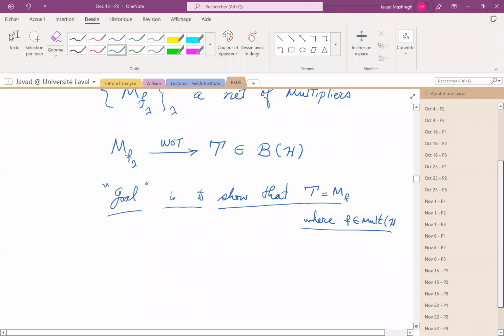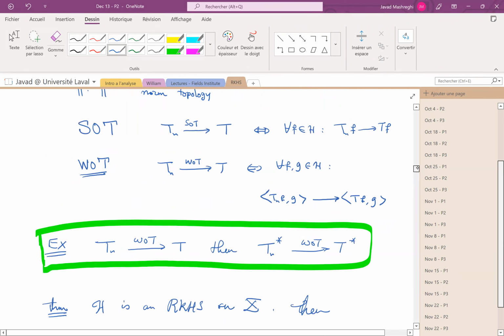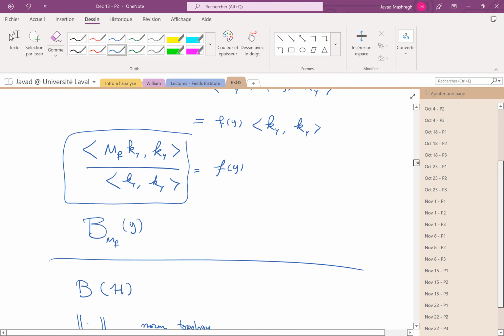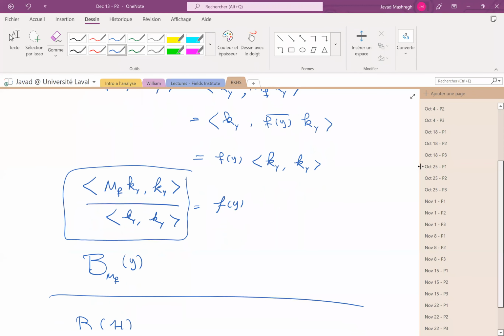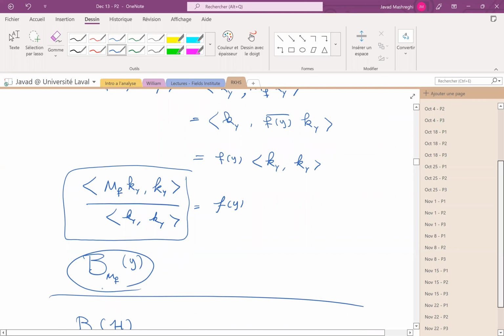So we need a candidate for f, and the candidate can be seen in the motivation, in the definition of the Berezin transform. When we take the Berezin transform of the multiplier, we obtain f of y.